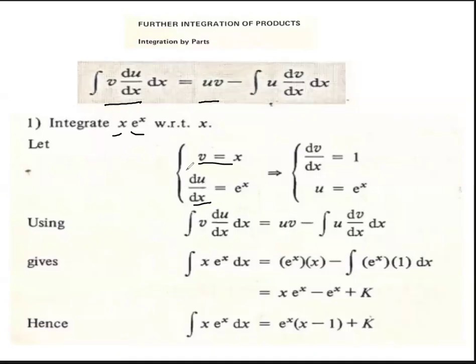Not always is that the case. Sometimes the v is the function behind here, and the du/dx is the function in front here. This one, it so happened that the x in front is the v, and the e to the x is the du/dx. As I said, I'm warning you, not always will that be the case.